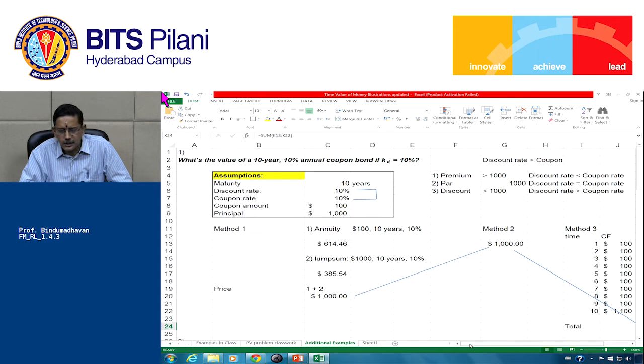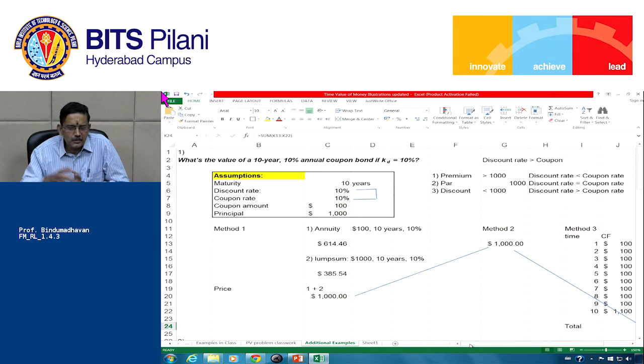Now I want to illustrate one concept here. Why did the market price or the present value turn out to be $1,000? The principal of the bond is $1,000. That is the money that the company will return to us at the maturity of the bond. And why is the market price of this bond also $1,000?